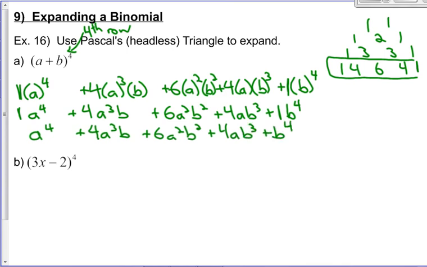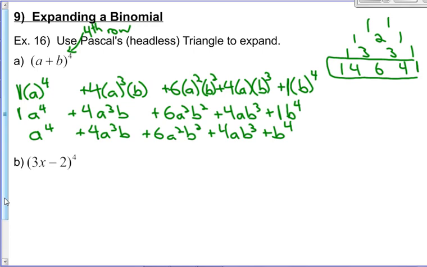You might say, well, you just told us that in the last page. Yeah, but we want to set the groundwork here so that we can expand different binomials. Okay, so that's how it works with a plus b. If you're not convinced, you can write out a plus b 4 times and FOIL away and hope not to make any mistakes. And you should end up with this result.